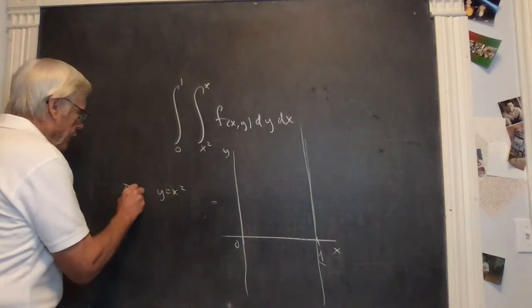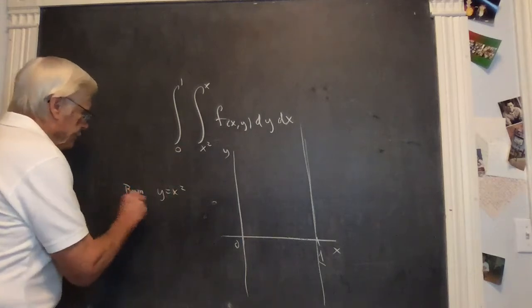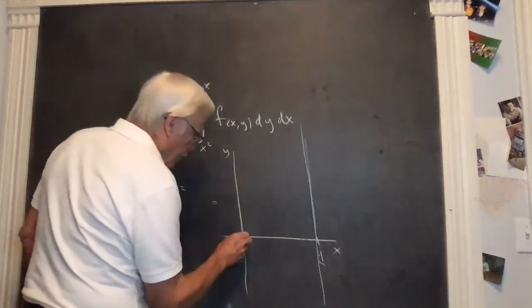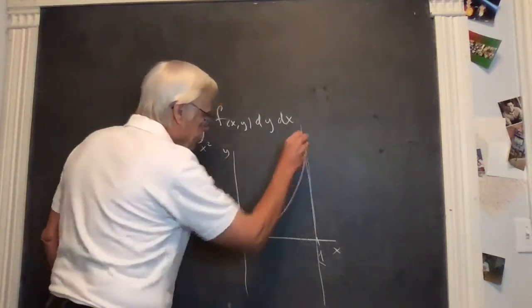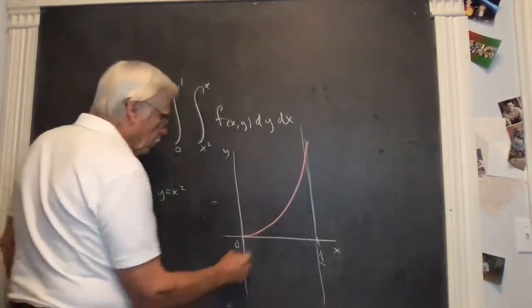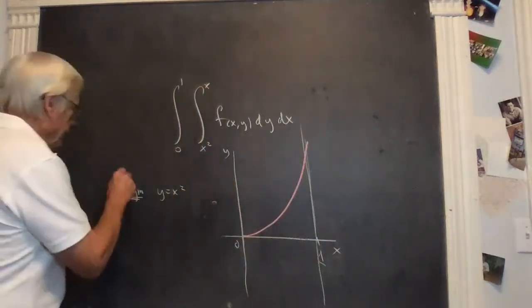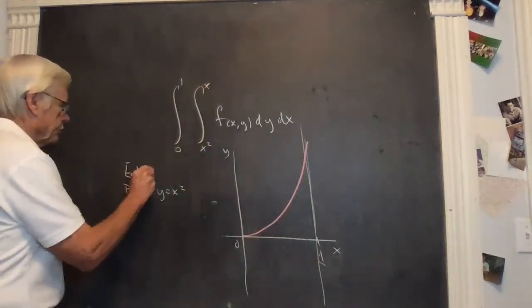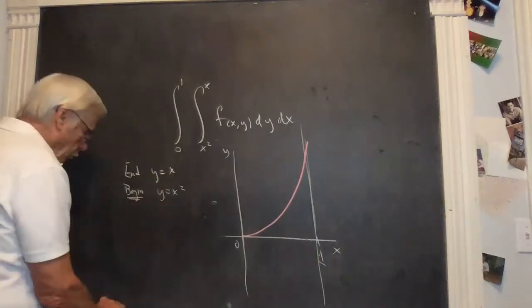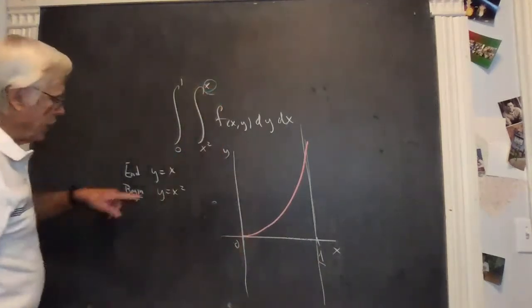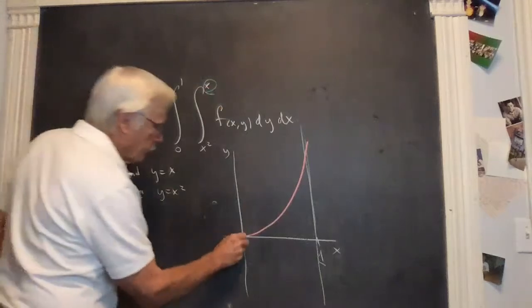This is the beginning. I would graph this, y equals x squared. We're only interested between 0 and 1 for x. And the end is y equals x. We're going to be between these two.